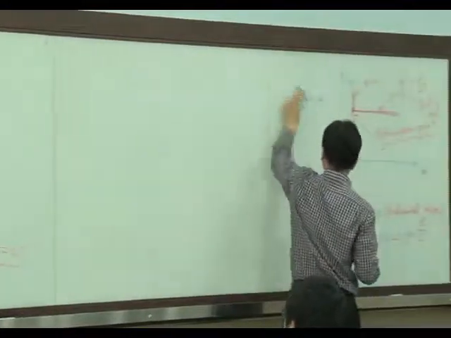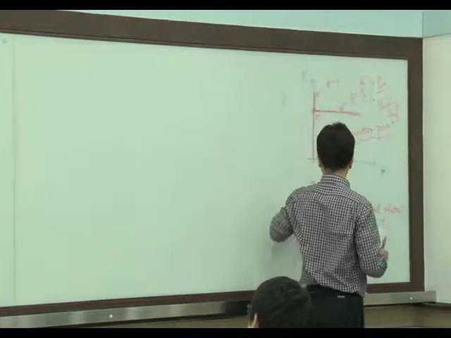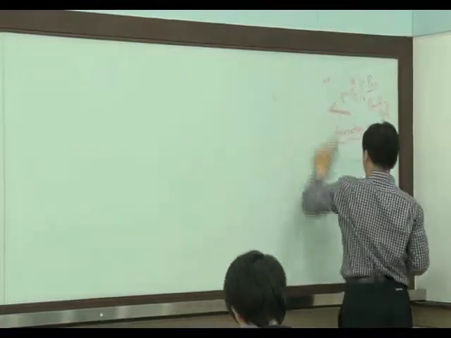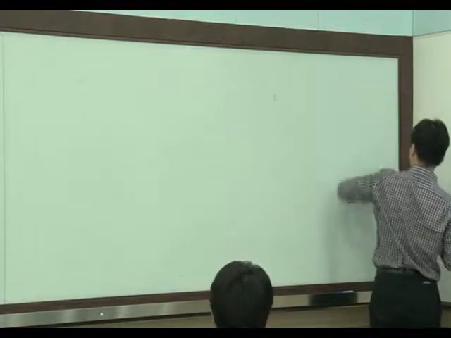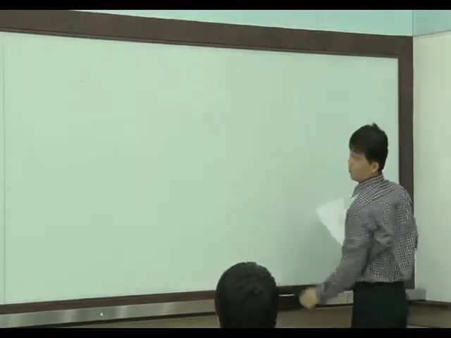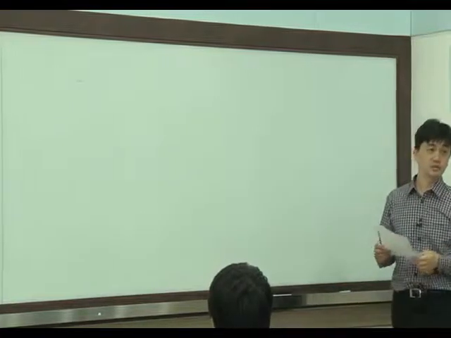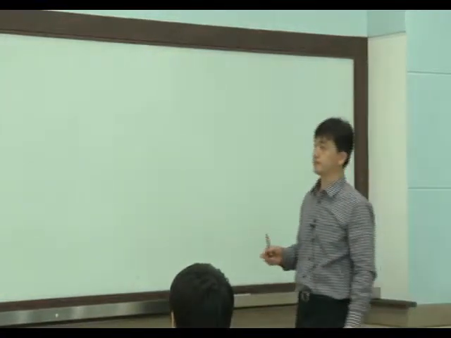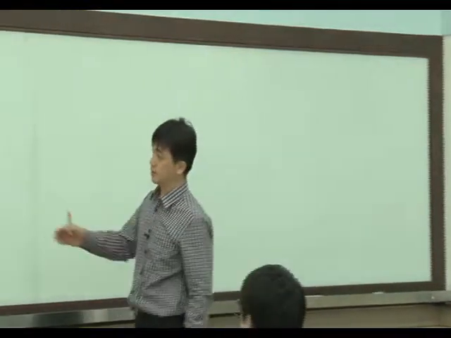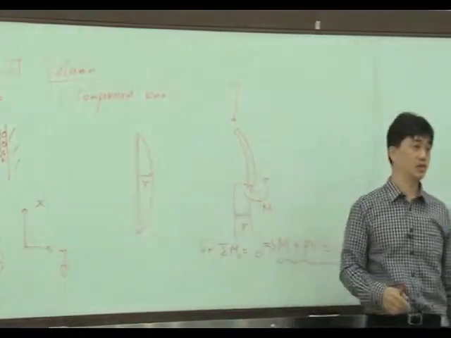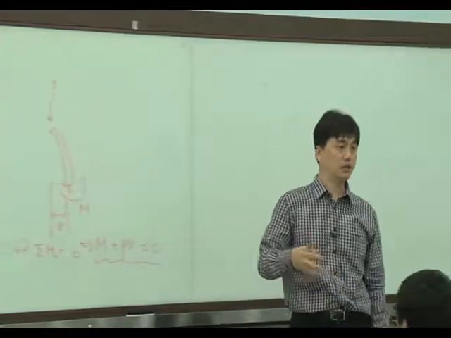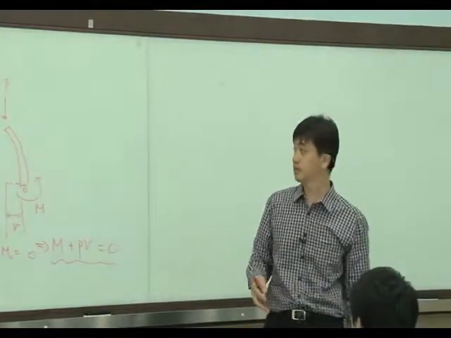So to find the buckling, to perform the stability analysis, first we need to consider some perturbation. So this is a perturbation due to the very small external load. There are many kinds of different perturbation.